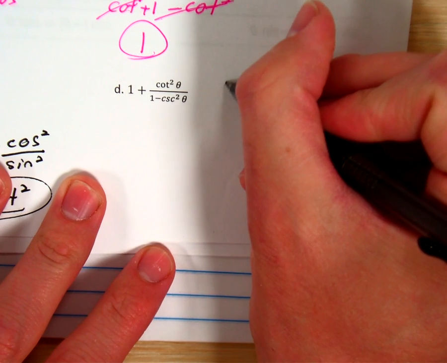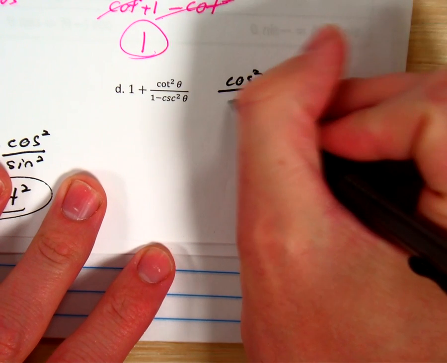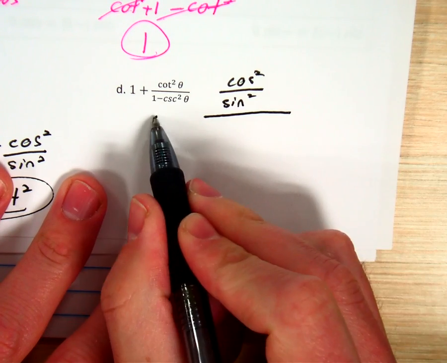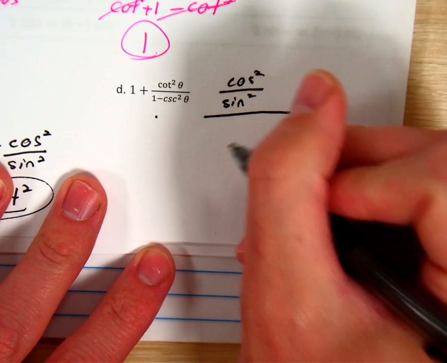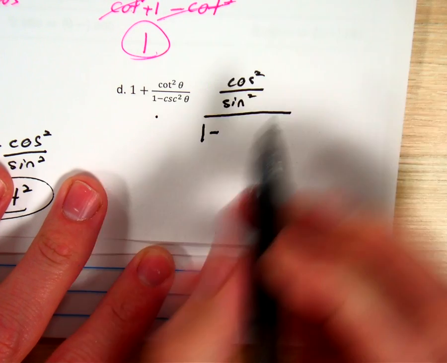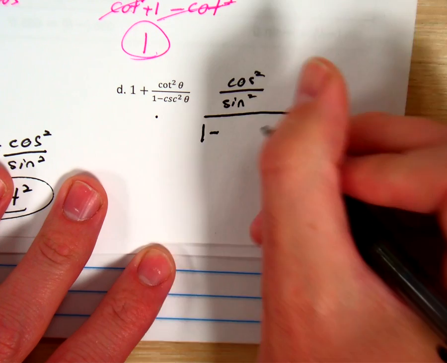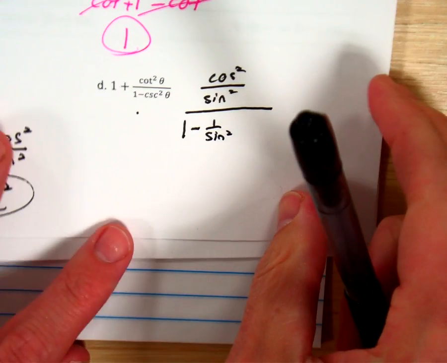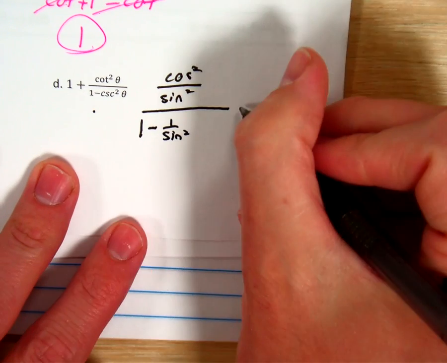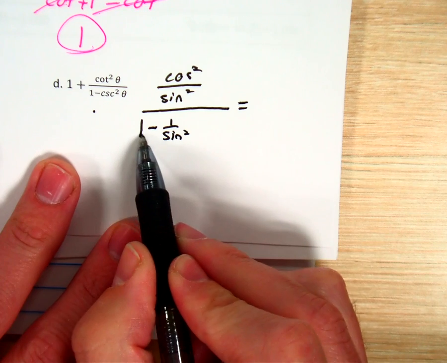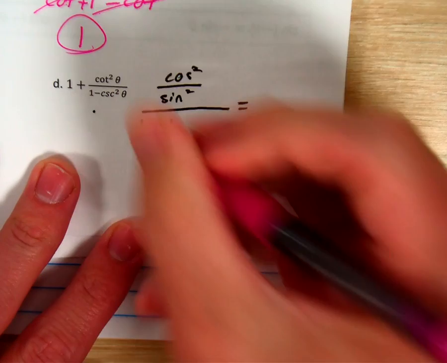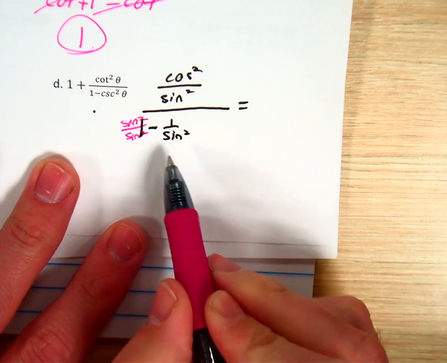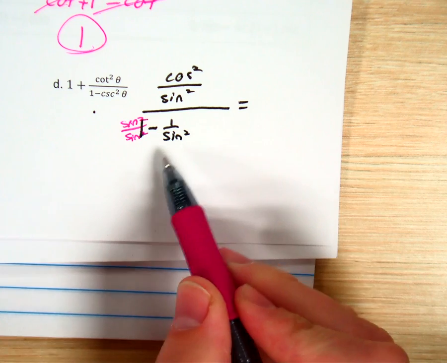Cotangent squared is cosine squared over sine squared, big fraction bar. The bottom is 1 minus, okay, cosecant squared is 1 over sine squared. And I'm going to change my 1 to be sine squared over sine squared, which is 1.